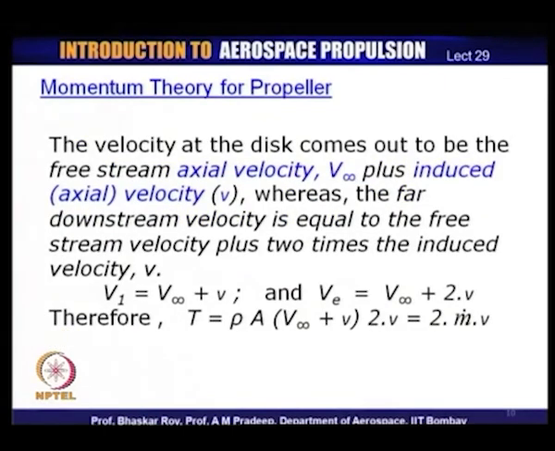Now, as we see, the velocity at the disk comes out to be the free stream velocity plus the induced velocity.